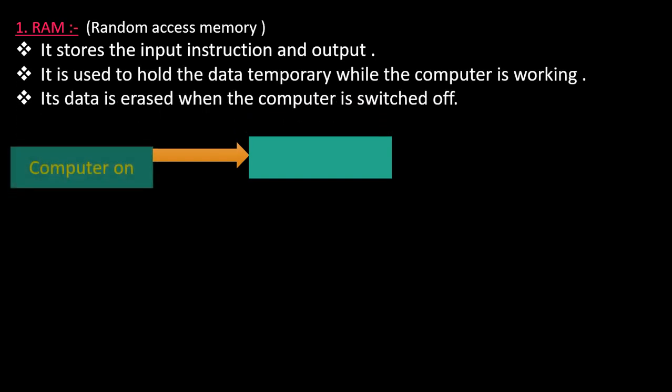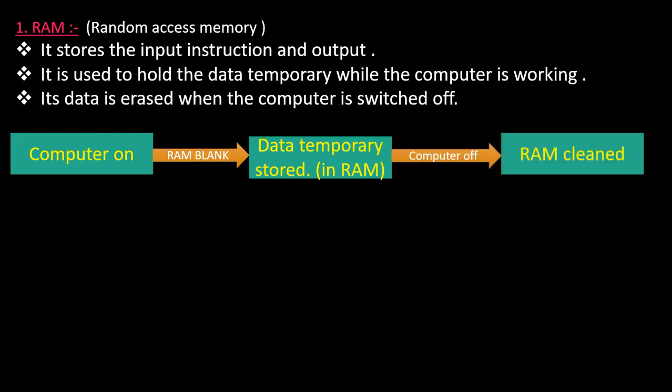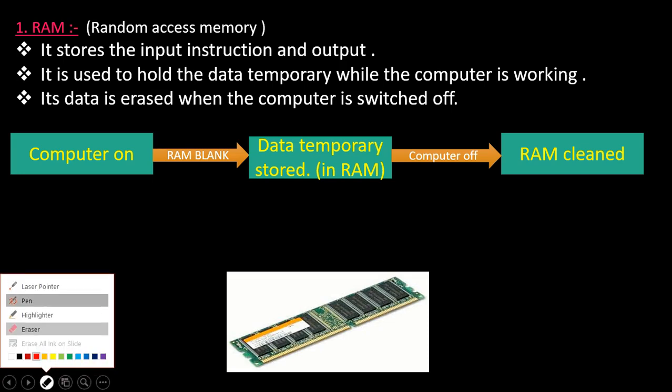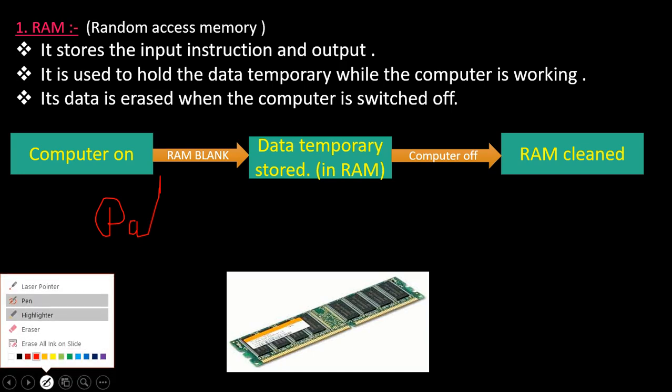I am giving you an example. Suppose you are working in MS Paint and drawing something. Suddenly your laptop turns off because of low battery and you have not saved your drawing. After charging your laptop, when you restart your computer and Paint program, oh god, you find your drawing is not there.